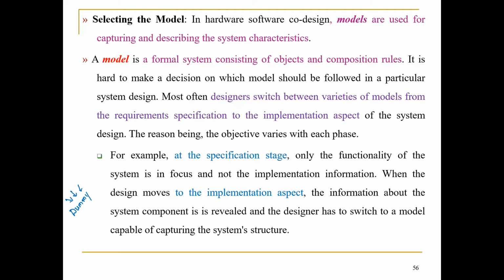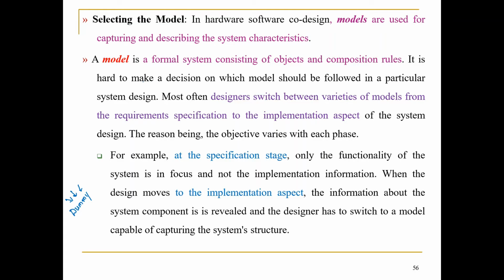You are going to develop a system which will have all the properties and all the characteristics that a consumer has asked you for. So that is what it is. A model is a formal system consisting of objects and composition rules. Objects and composition rules mean various components which will behave as per the requirements of the consumer.